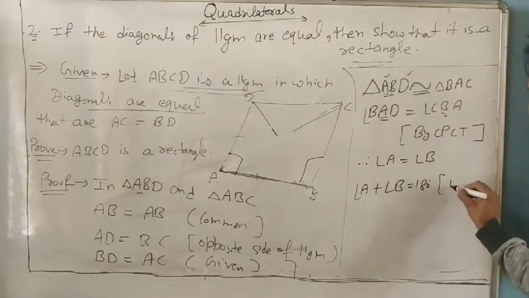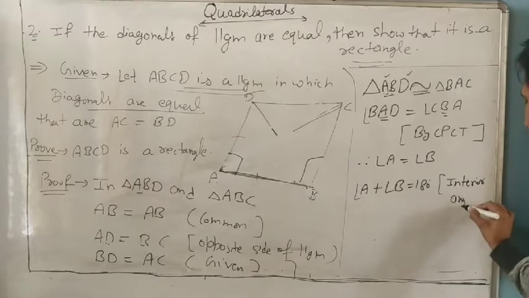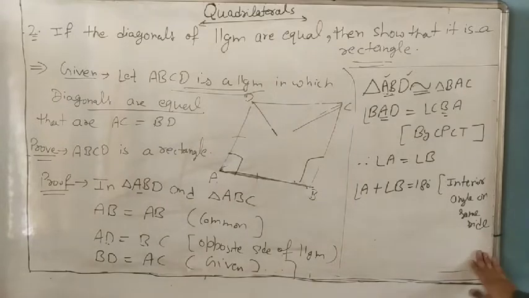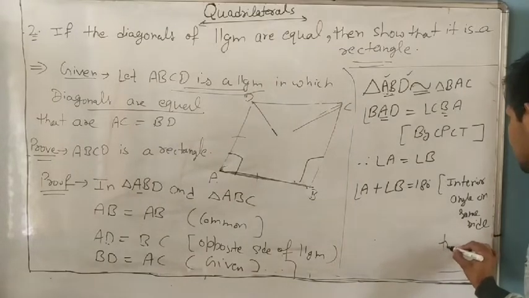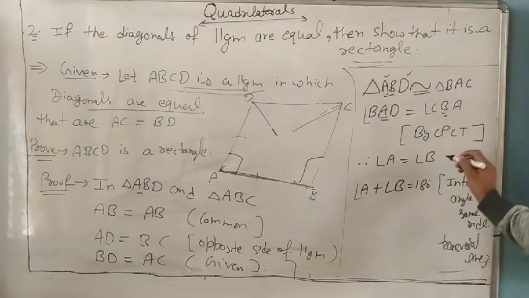Why? Interior angles on the same side of a transversal line. Understand it? So angle A equal to B, we already proved that.